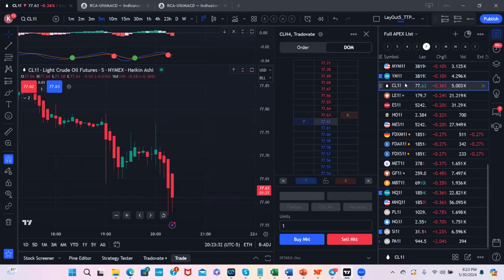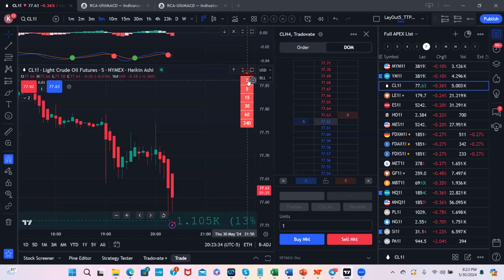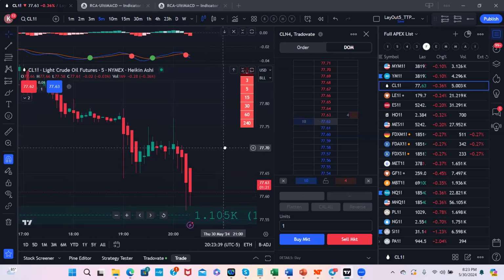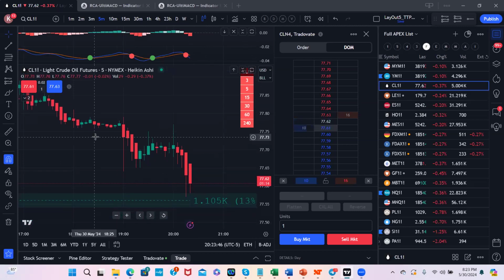Let's look at crude oil. You can see that it is very, very bearish. So around 7 o'clock, you can just enable short only on this. It will make nice profits. Once you see some $300, you close the trade.